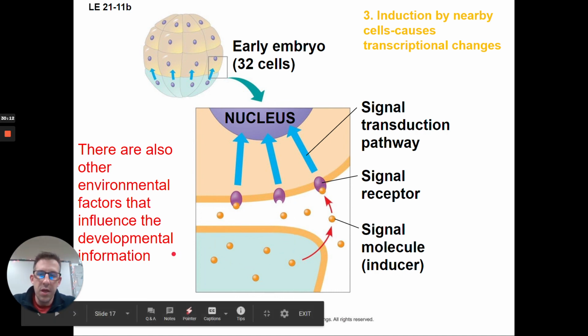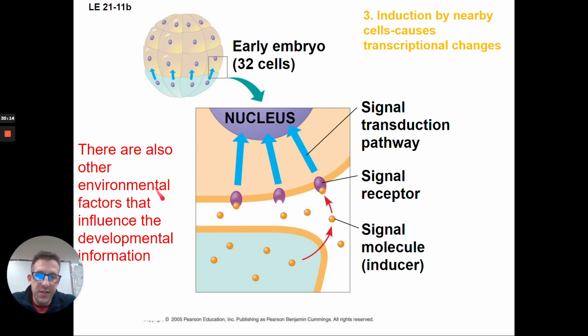Okay. There are also, as it states out to the side here, other environmental factors that influence the developmental information. You could have an external signal. Maybe that's how these cells that are in light blue got their initial signal. Maybe it was some kind of external signal, some environmental signal. And remember where this stuff is happening, right? This stuff is happening in the mother's womb, if you're thinking in terms of animals, right, or human beings.